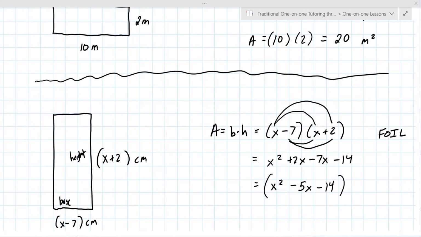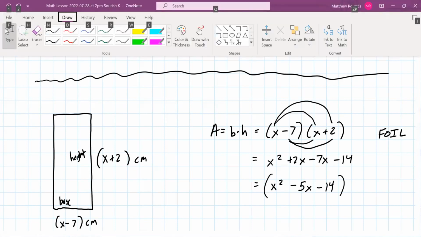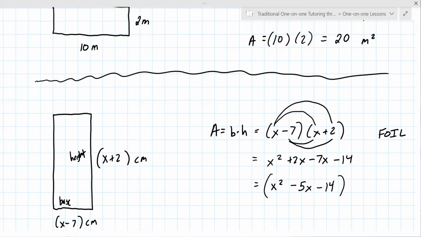All right, and then the next thing here is to find the perimeter. So the perimeter is x minus 7 plus x plus 2.